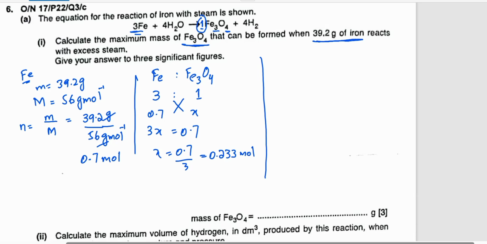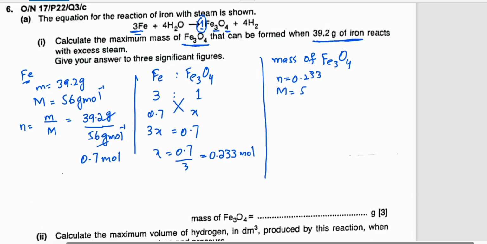So what do we have to find? Calculate the maximum mass of Fe3O4. Now its molar mass is not given. So the mass of Fe3O4 we have to find. Its number of moles is equal to 0.233, and the molar mass we have to find.